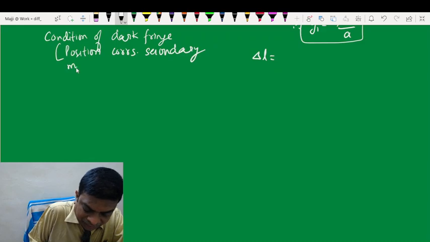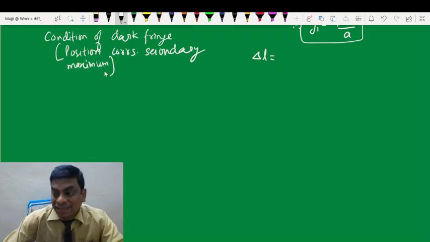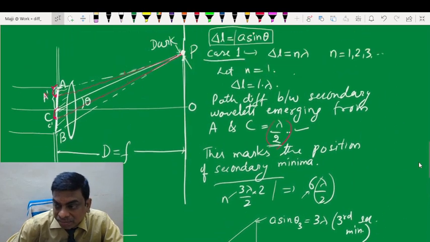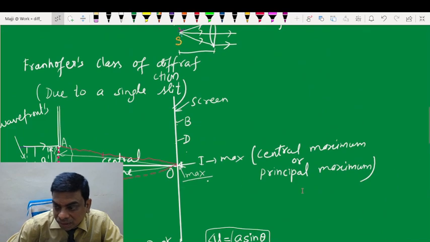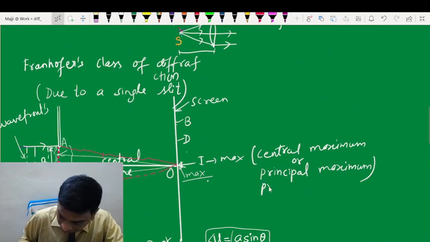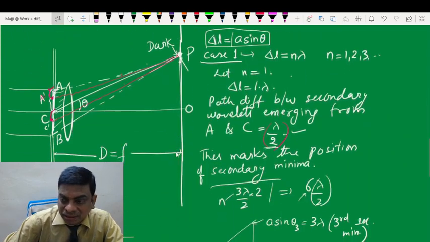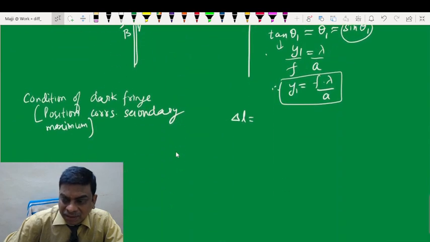Now why is it known as secondary maxima? The word secondary is used because the intensity is far lesser than the primary maximum, or principal maximum. Intensity as compared to the primary maximum is far lesser in the secondary maximum, hence they are named as secondary maximum.